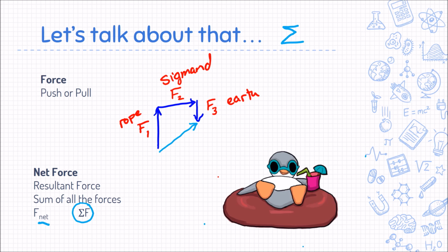All of those have a source. Sigma F, or the net force, does not have an actual source. It's just the result. It's the force that we are able to observe from all of the interactions of the other forces.